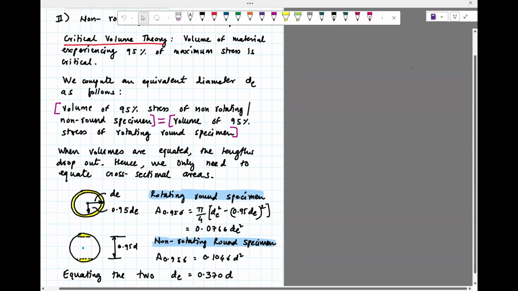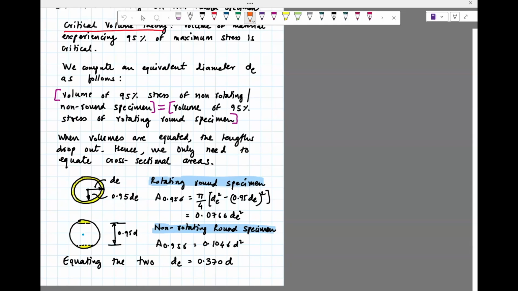The idea here is that you take a rotating round specimen, which is shown here, and look at the 0.5% of the area on the rim of the circle. So this is a rotating round specimen. Then if you have any non-rotating specimen, you try to map sectors in this non-rotating specimen, and map this area shown in yellow here to the area over there, and then you find an equivalent diameter.